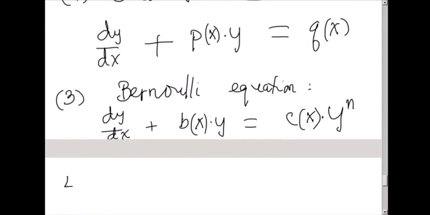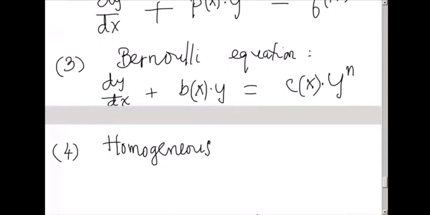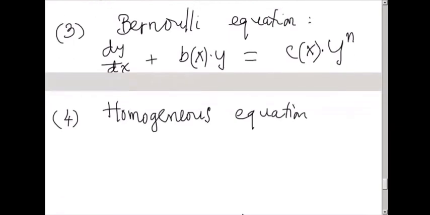And lastly, if we don't have any of the above, then it's likely that the equation is homogeneous. Of course, there are other types that we will learn later as well. But for now, if not one of the above, then maybe homogeneous equation. And one way, as we have seen in the previous example, to recognize a homogeneous equation is like this.